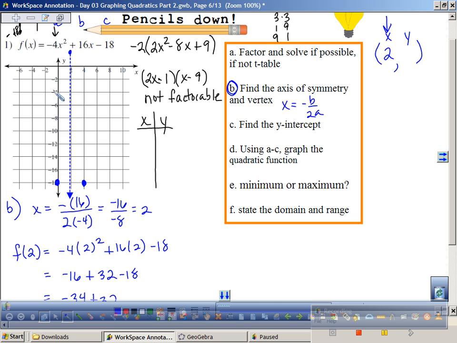Is it allowed to cross the x-axis? No. Because it's not factorable. So if I got positive 2, I would say to myself, I screwed up somewhere. I better check a sign. So negative 2. So if I go over 2, negative 2, does that make sense? It sure does. I'm going to go over here and make a nice straight line. Not a line, curve.